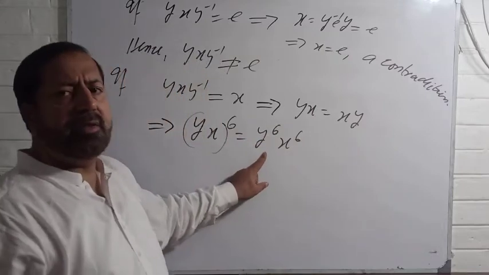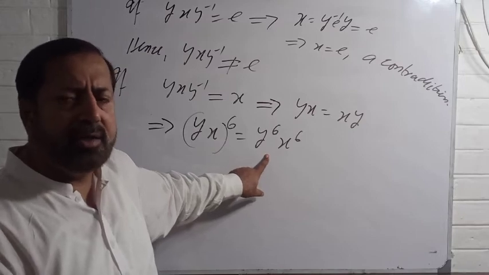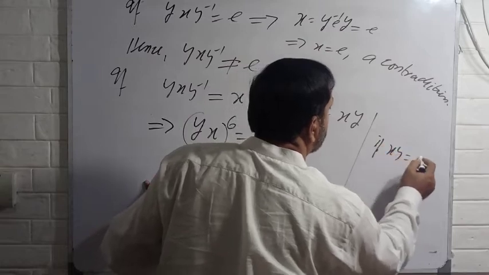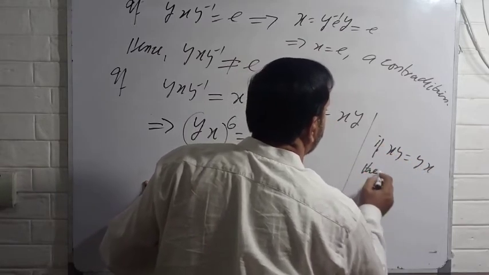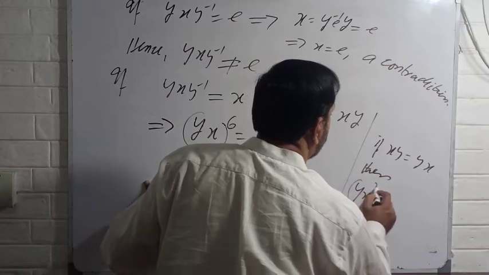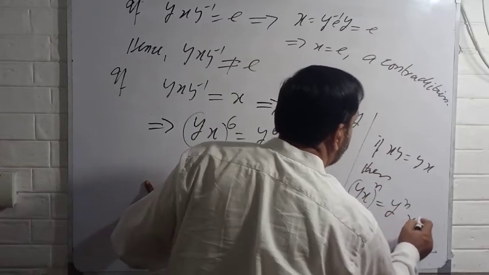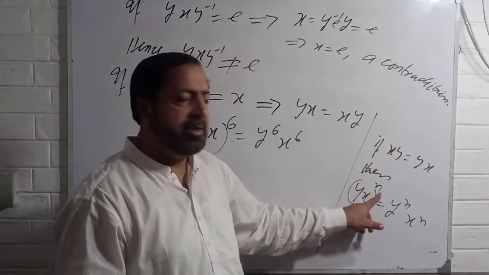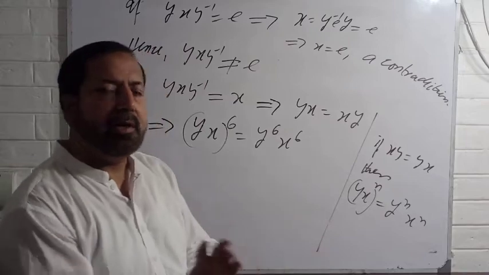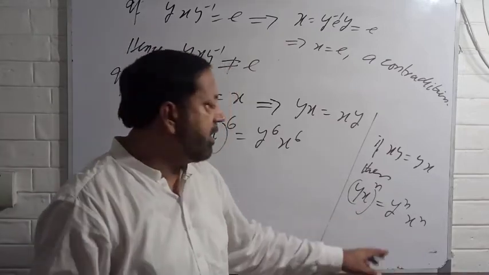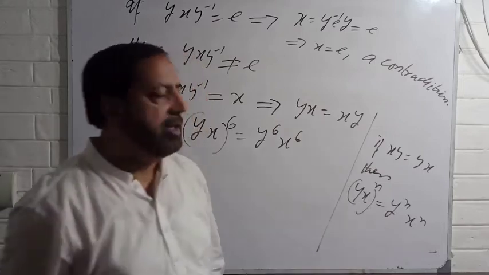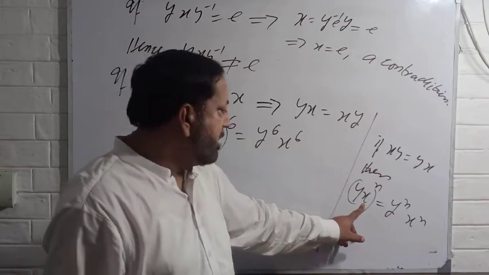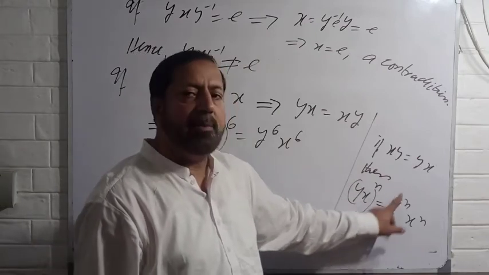And you know, if xy is equal to yx, then you have a result: (yx) power n would be equal to yn xn. This is possible because you write this yx n times and then swap x and y, right? You can keep all y's on the left side and all x's on the right side. So if you use this successively, then (yx) power n can be written as y power n, x power n.